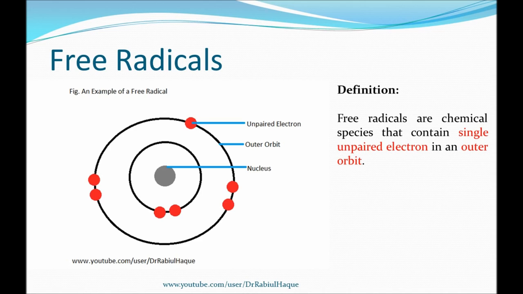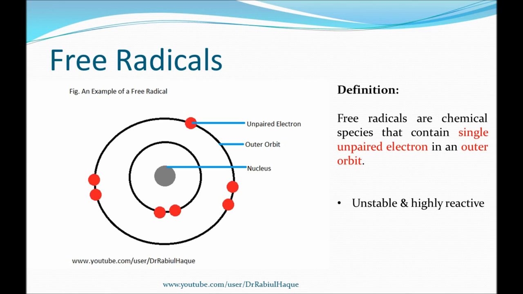Now always remember, the presence of an unpaired electron makes these molecules very unstable and highly reactive, and these free radicals can therefore attack molecules adjacent to them, and they can also modify those adjacent molecules.